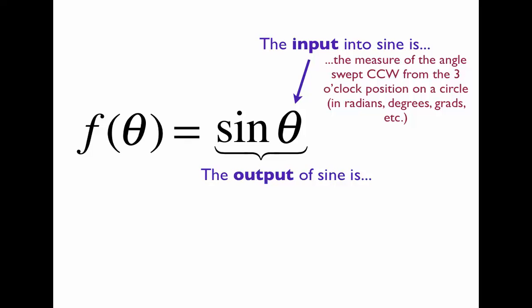But the key is, it's the measure of the angle swept counterclockwise from 3 o'clock. What is the output of sine? Diana? She said the vertical distance above the horizontal diameter in radius lengths. What do you think? Exactly what it is.